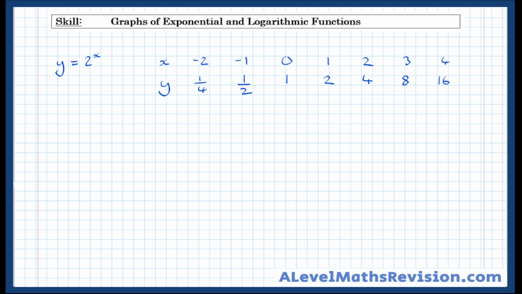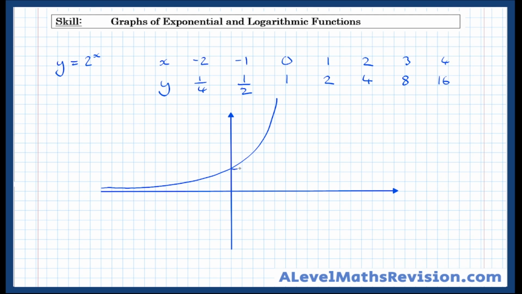value. So the way that this function is going to look is like this here. So it starts off growing not very fast, crosses at 1, and then starts growing very fast here.